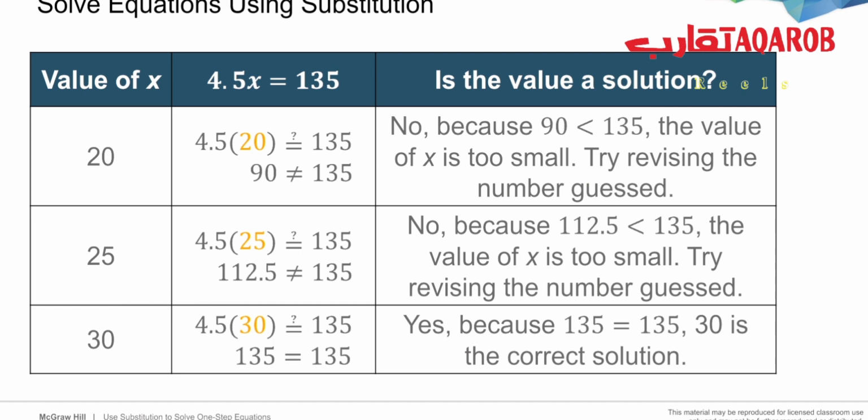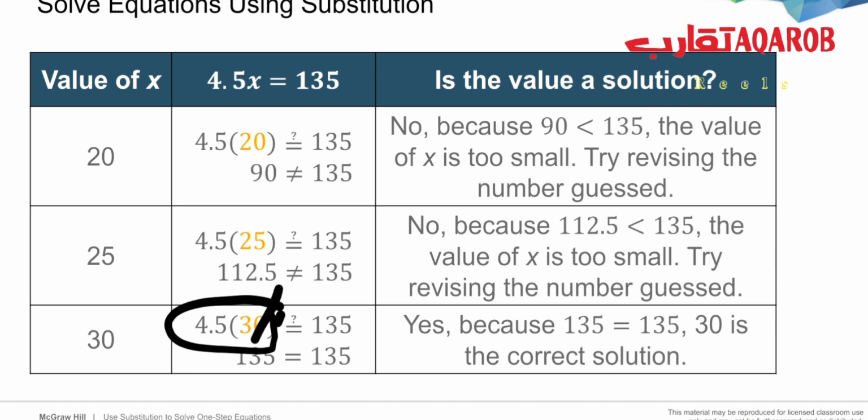So I can put 25 instead of 20. 25 multiplied by 4.5 is equal to 112.5. I still need to increase the value that I will replace x by, so I try 30. When you replace x by 30, I can multiply 30 by 4.5.